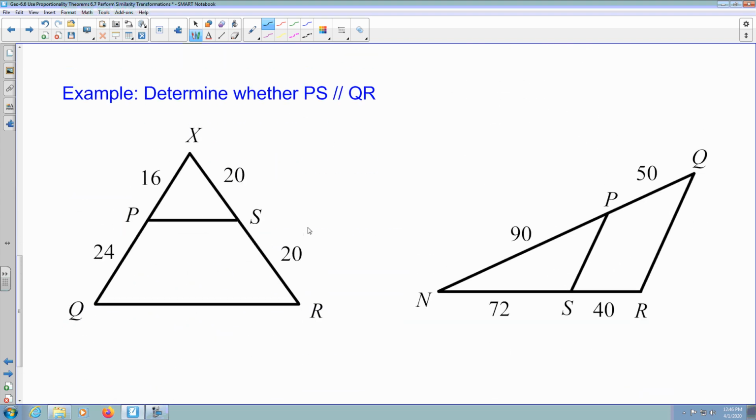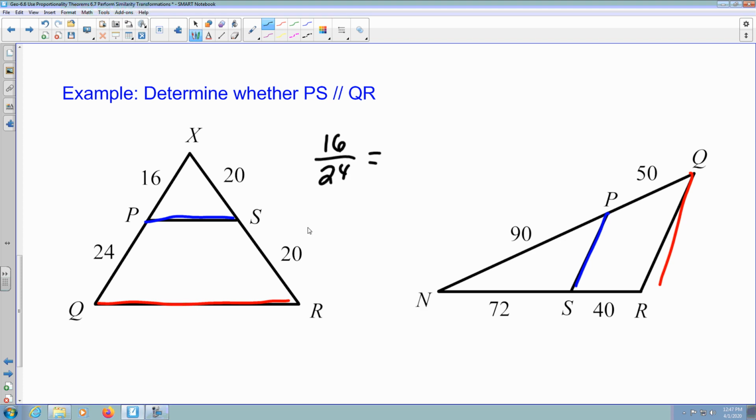So in these two examples, they want to know if the line segment PS, which is right here, is parallel to QR. So here, PS, there. Okay, so sorry for the inaccuracy of the lines, but you guys get the idea. So all you're going to do is set up the proportion and see if it's equal. So in this case, for this first example, it's going to be XP, which is 16, over PQ, which is 24.